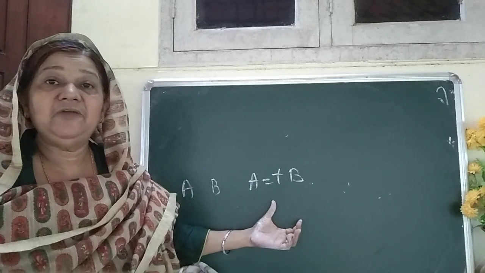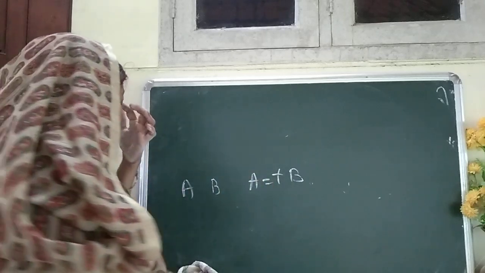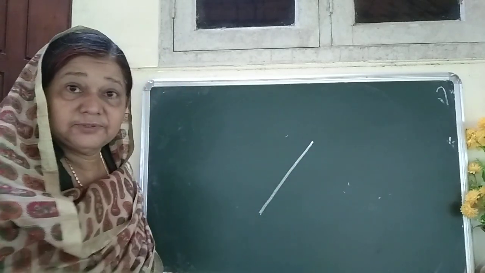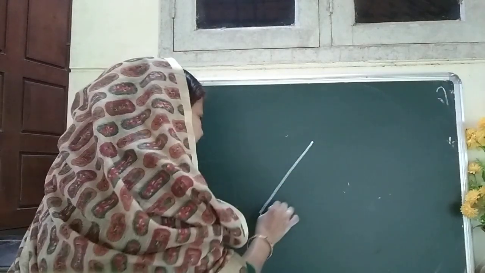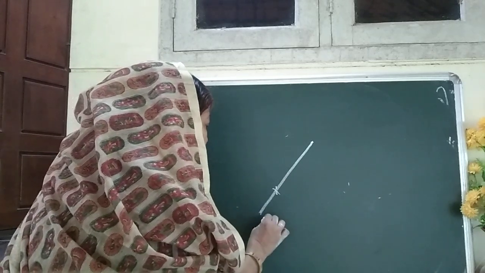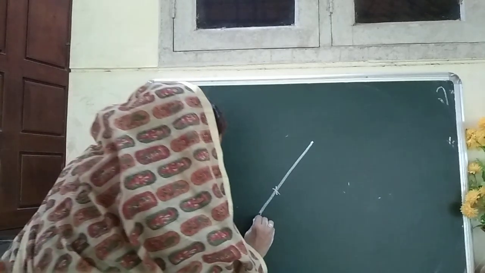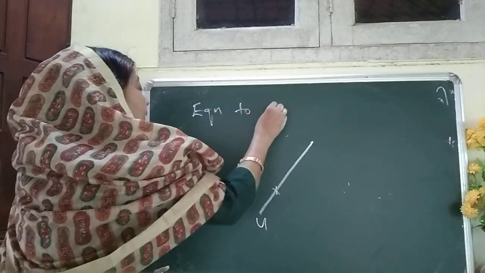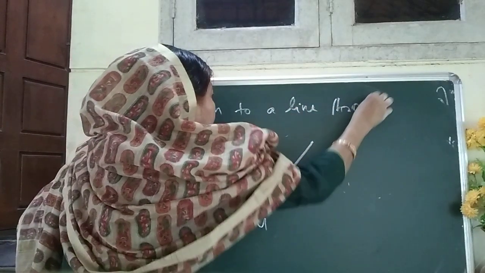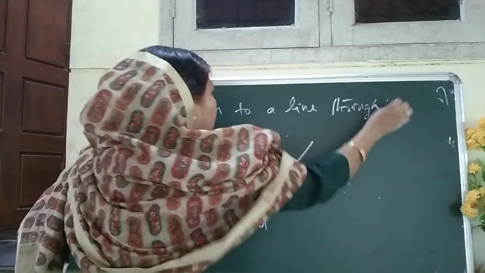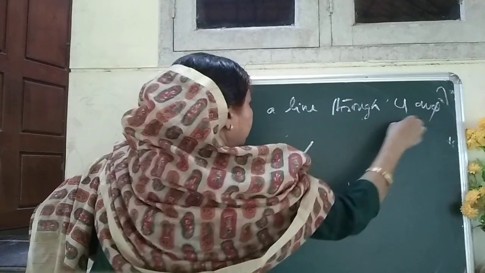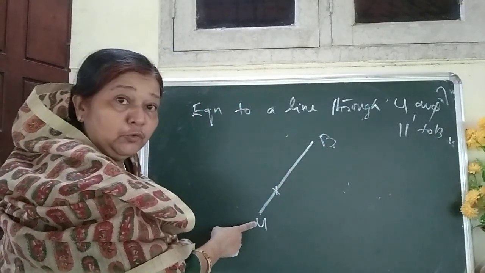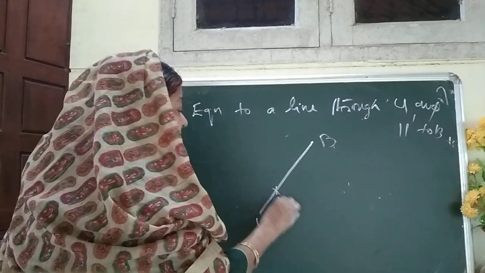By means of this property, we can find the equation to a line passing through a point, say U, and parallel to B. Suppose it is the vector B, and let x be any point, and then we take another point, say U. So we find the equation to a line passing through U and parallel to B. For that we take an arbitrary vector, say x.